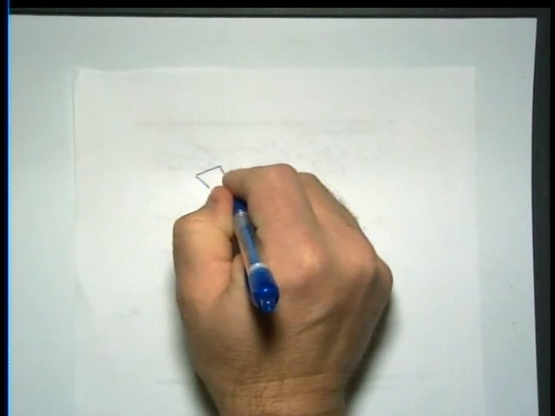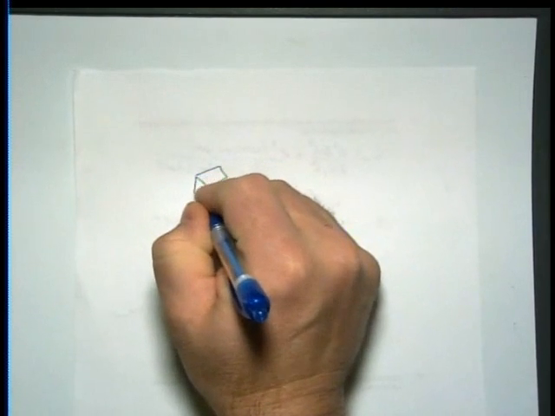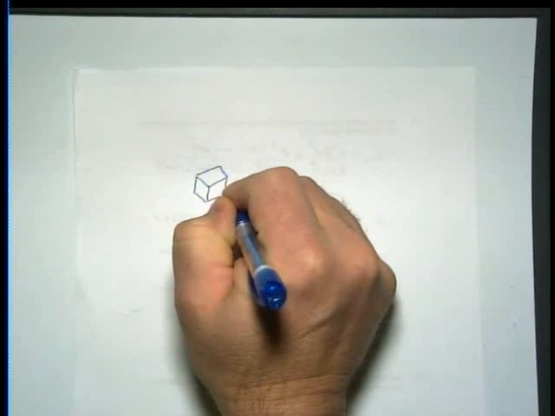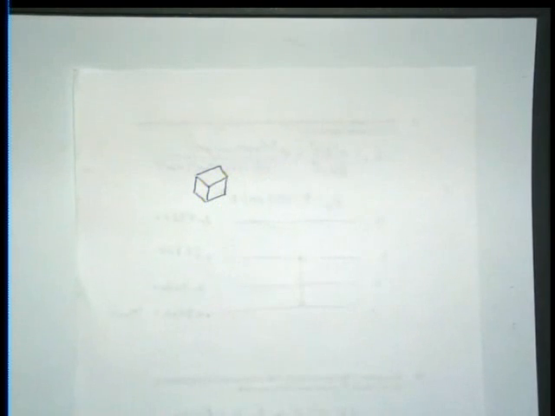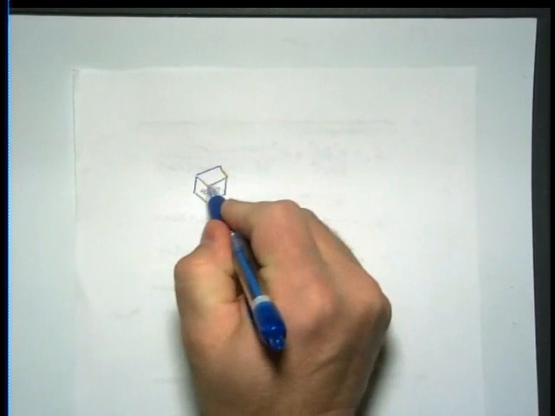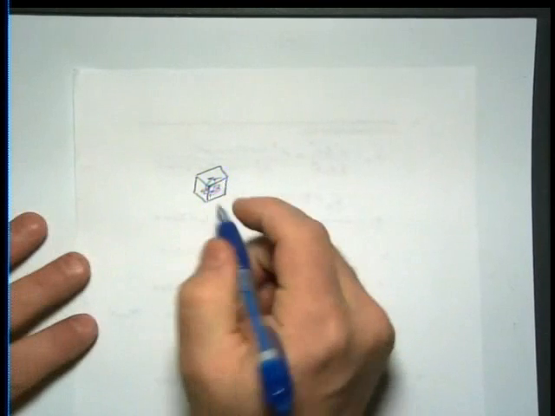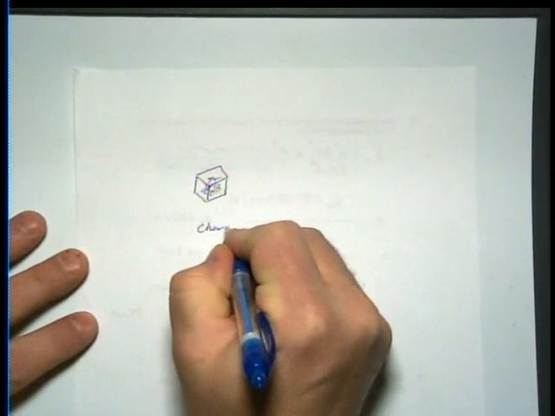If you have a point in space, let's go to E and M. Say a box like this. And inside that box is a certain amount of charge. Okay? So, charge in a box.